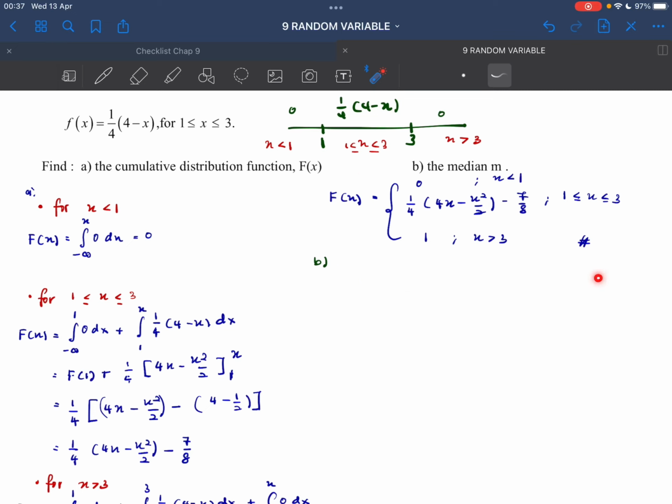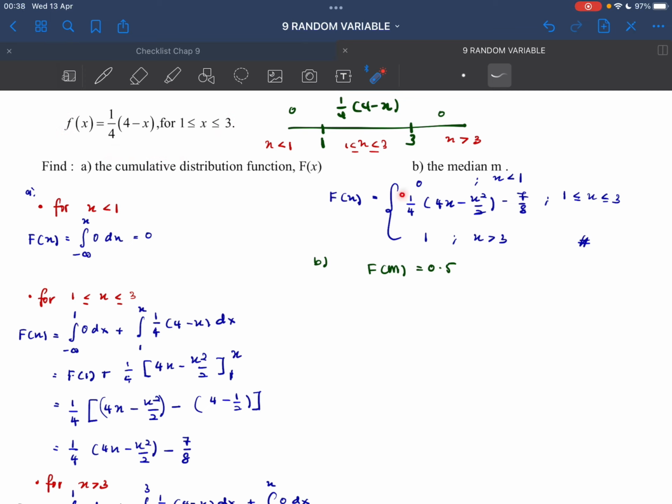So you have to integrate your function, substitute your m, and then you get the answer. But now I want to show you how to use F(m) equals 0.5, which is we are going to use this CDF function. F(m) equals 0.5. As you can see, this function is not the PDF. If you use that function, you have to integrate.